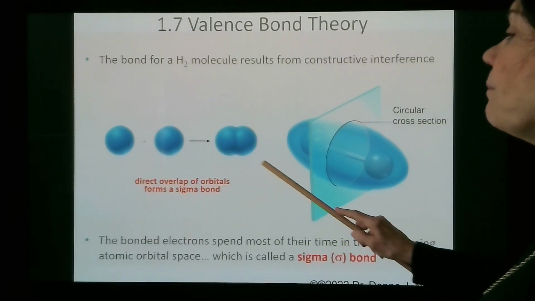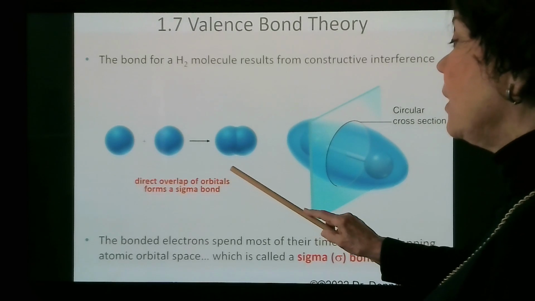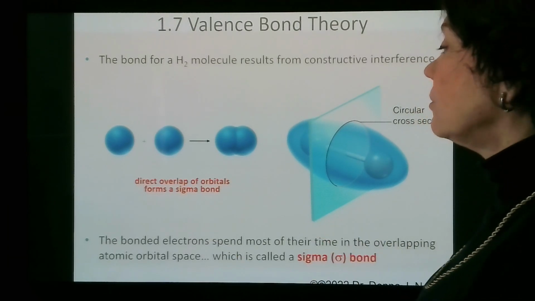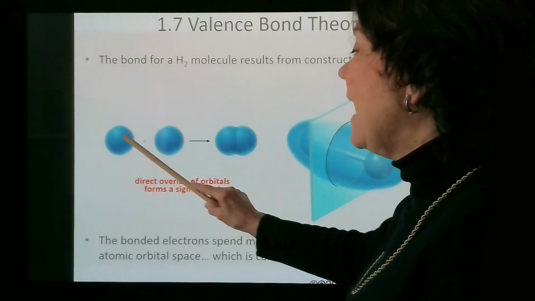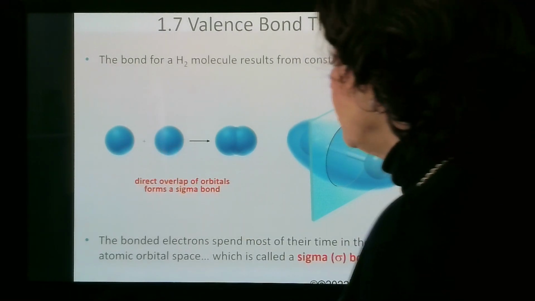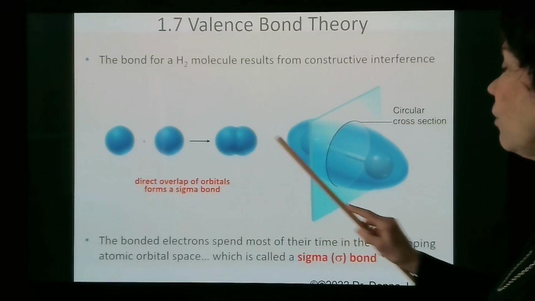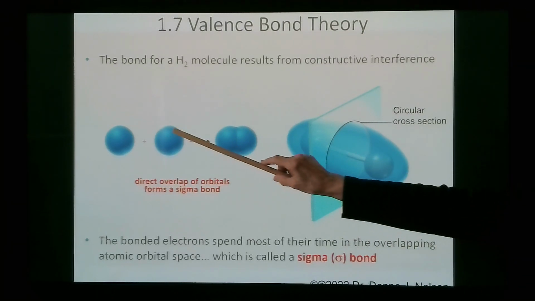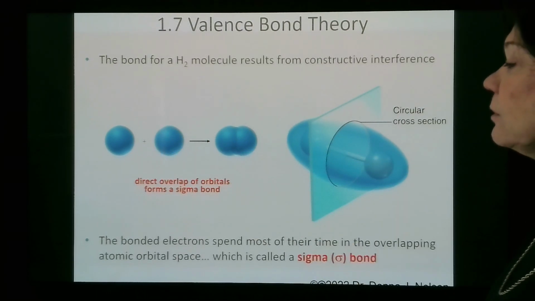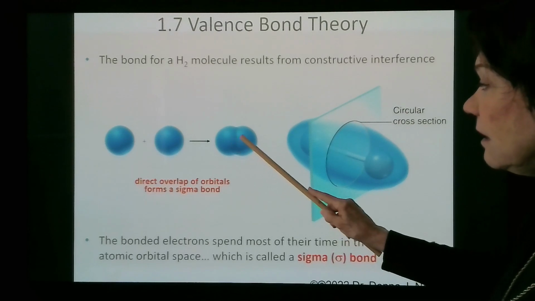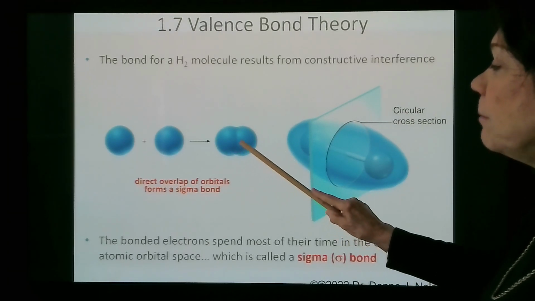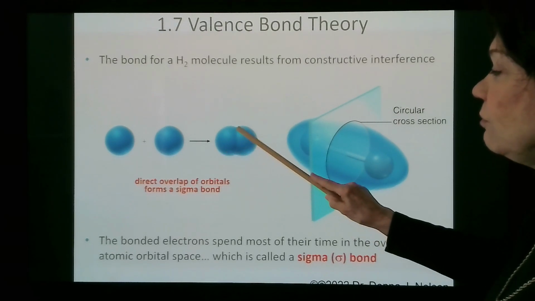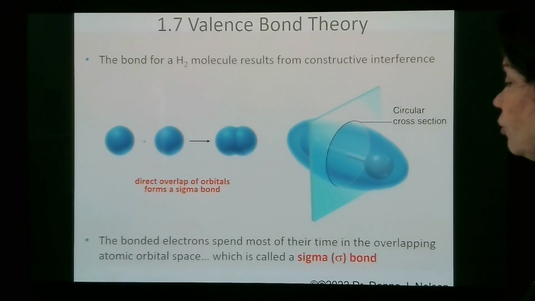And so here you can see this would represent the bonding orbital for when one brings two s atomic orbitals together and they overlap. This is what the atomic orbitals look like. This depicts two atomic orbitals overlapping. You can see these are two spheres that have been brought close together.